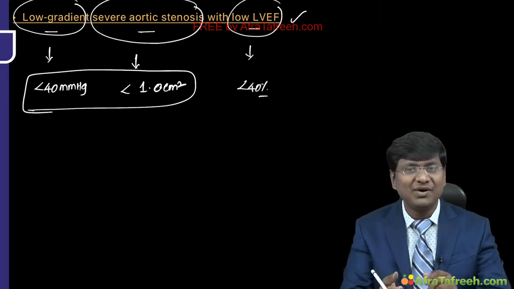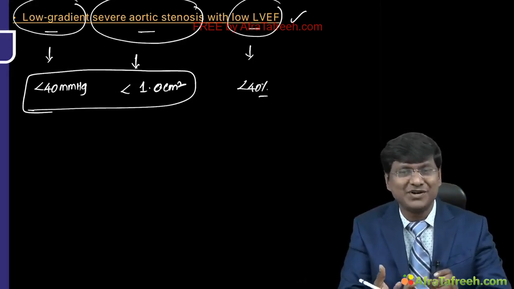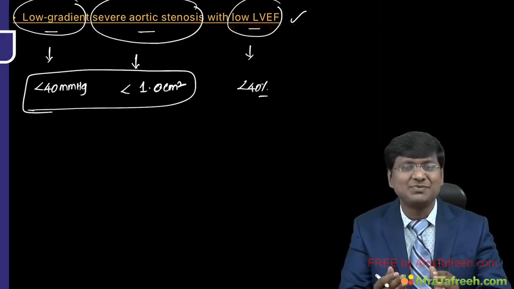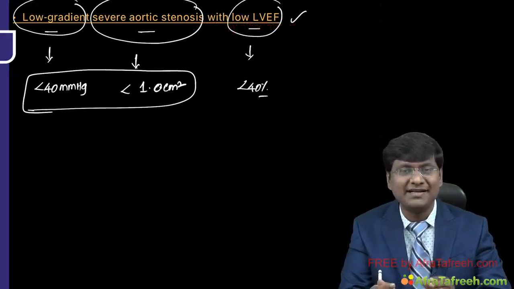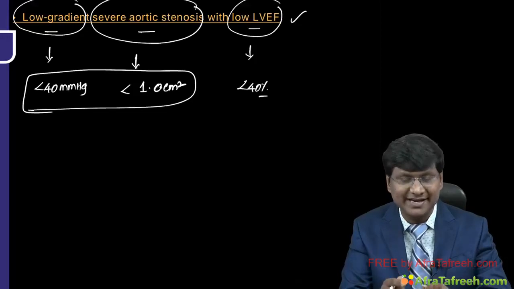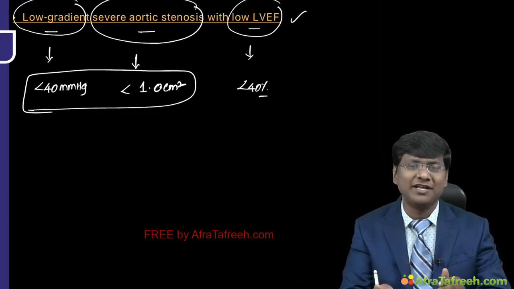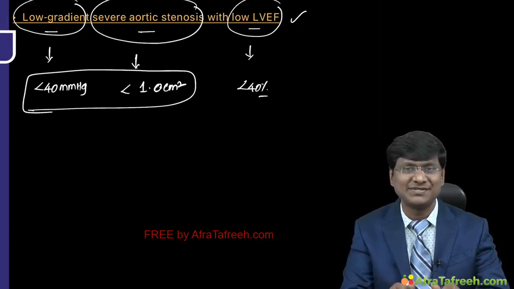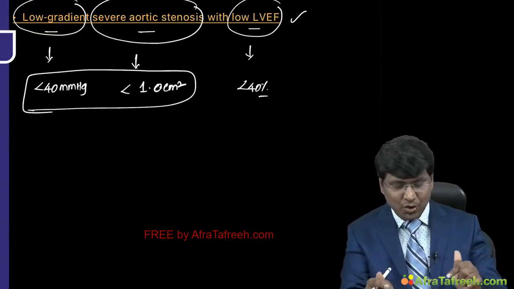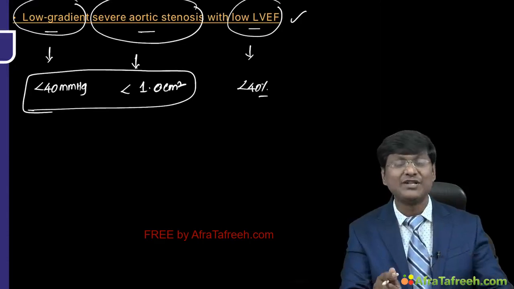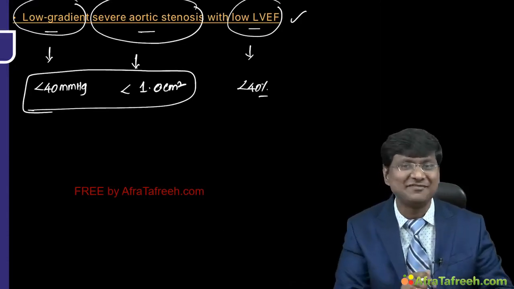Why? Because when there is left ventricular systolic dysfunction, the pressure rise within the left ventricle will not be there. That is the reason why the gradient between the left ventricle and aorta will be not more than 40, even though there is severe aortic stenosis.